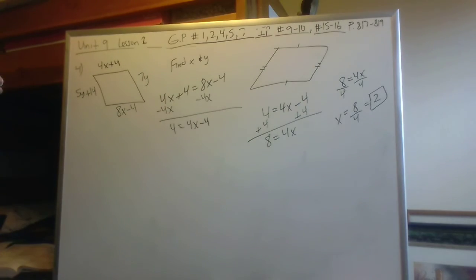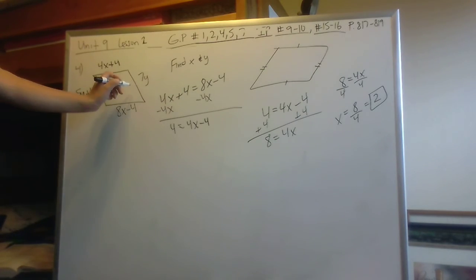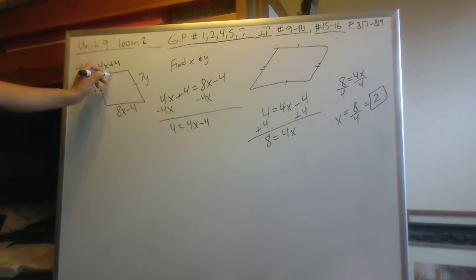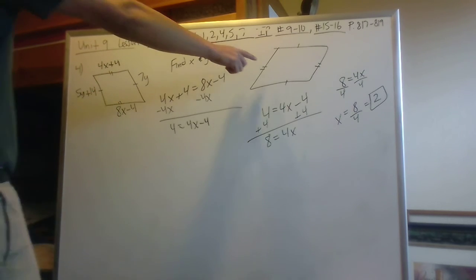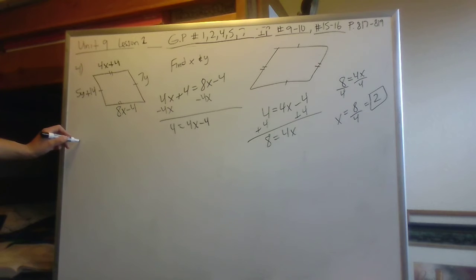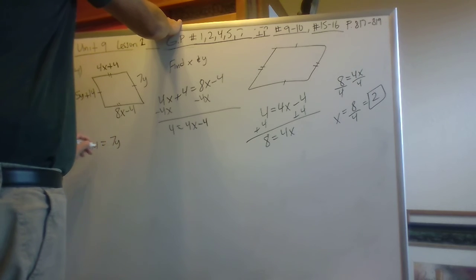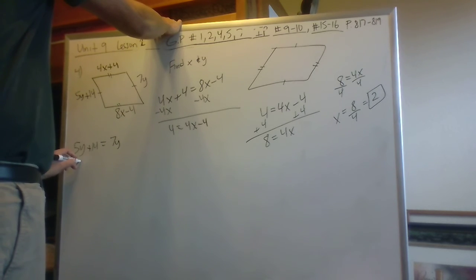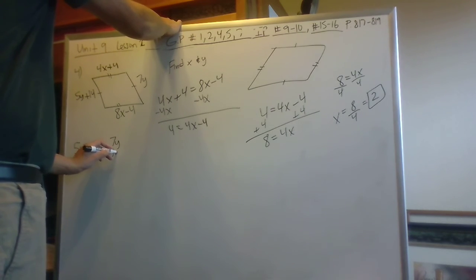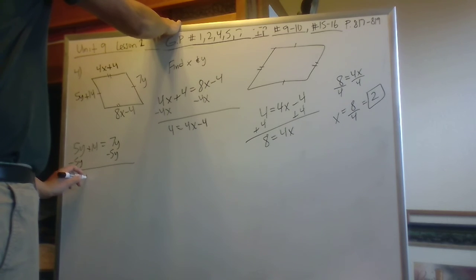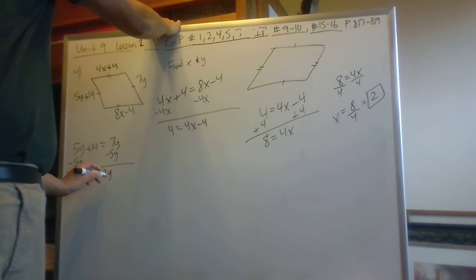Since we solved for x, we're going to set, because these two sides are congruent based on that property we learned about in lesson 1. So we're going to have 5y plus 14 equals 7y. We're going to subtract 5y to both sides of the equal sign, and that's going to give us 14 equals 2y.